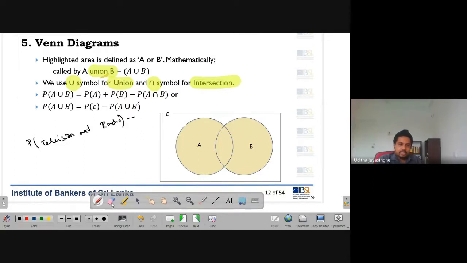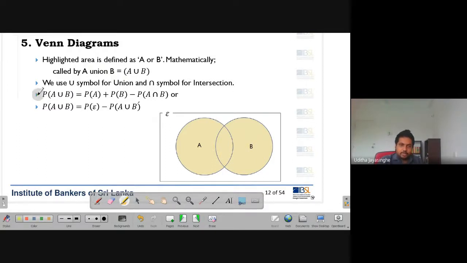Likewise, one can write. But of course, students, once you are trying to demarcate the advanced theoretical areas, it's always easy to use some sort of mathematical notation. That is why the union and intersection are going to be very handy. Union is simply nothing but the addition.